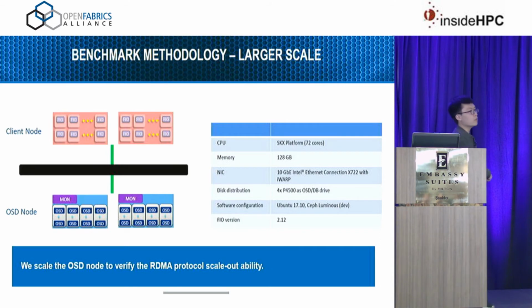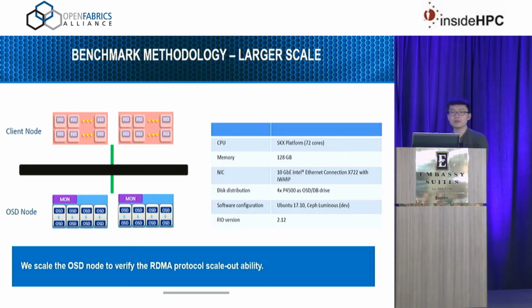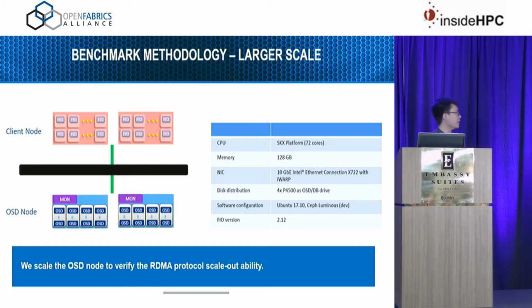So we scale our testing cluster to a larger scale, 2 client nodes and 2 OSD nodes. We want to verify the RDMA protocol's scale-out ability. The RDMA NIC here is also the Intel S722 with iWARP support.